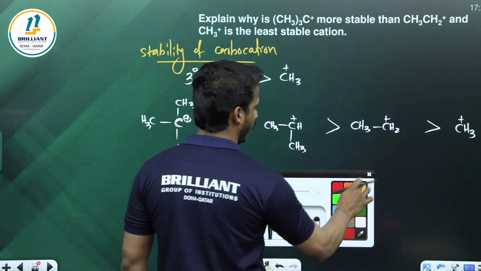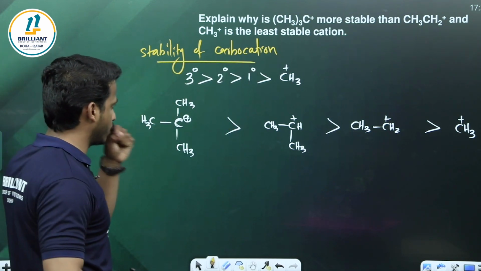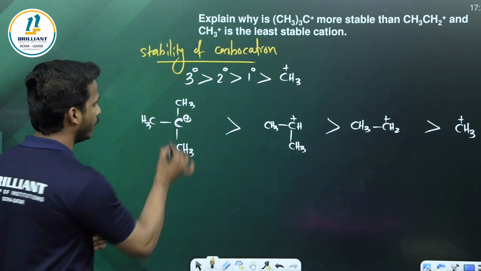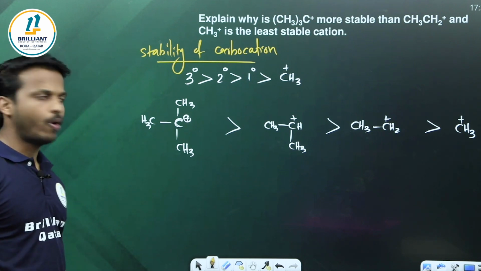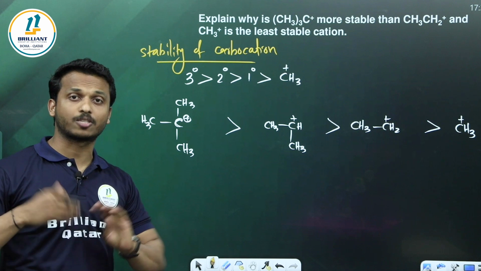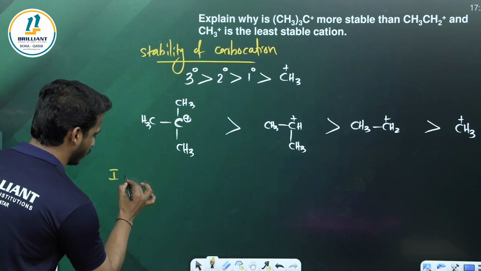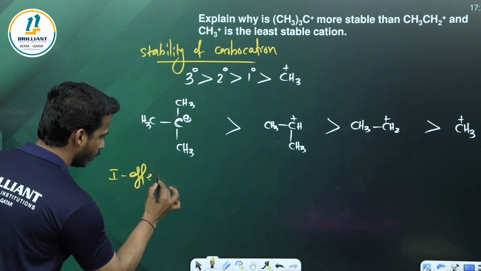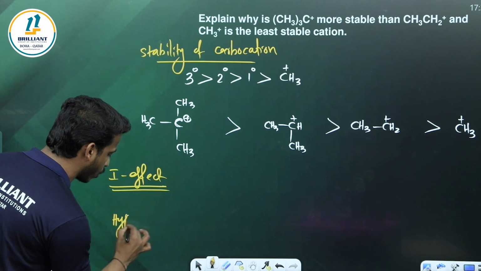Okay, perfect. So this is tertiary, secondary, primary, methyl. Why is the order of stability of carbocation like that? You can explain it in 2 ways: either by using inductive effect, I effect, or by using hyperconjugation.